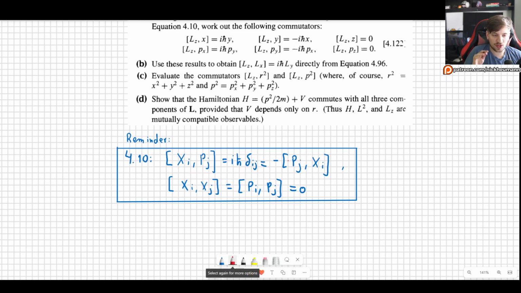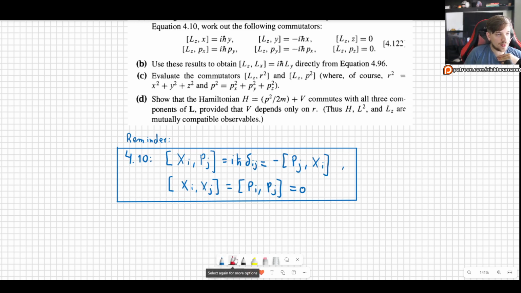And whenever you have a commutator, that's very important: keep in mind that you can change the order of the things that are inside by putting a minus sign outside. So you're basically factoring out a minus. That's a very important property that you should remember. And position and momentum with itself, of course, commutes. You can always write x times y or y times x. That fortunately is not an issue.